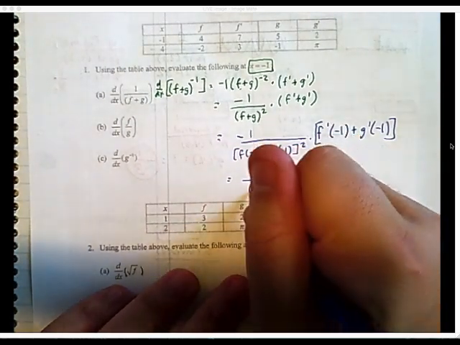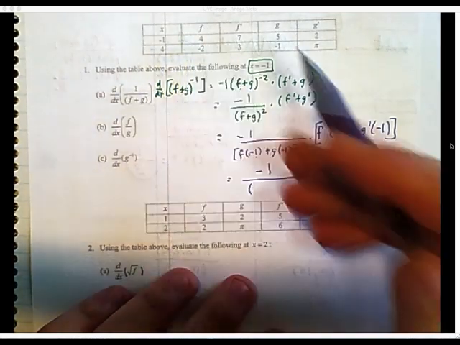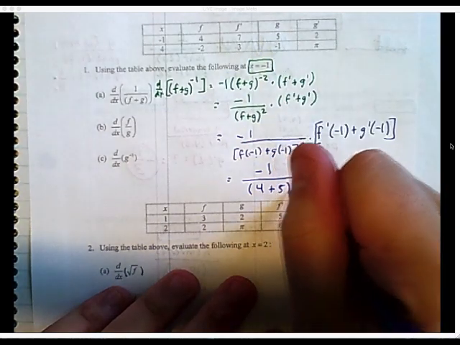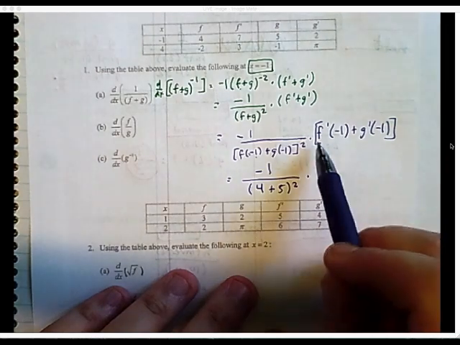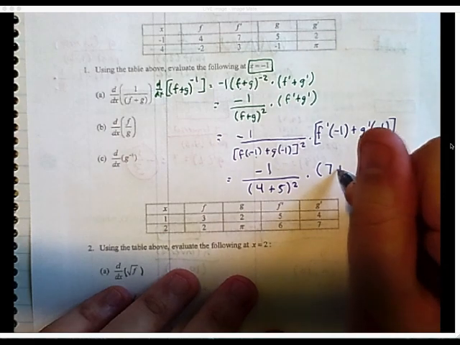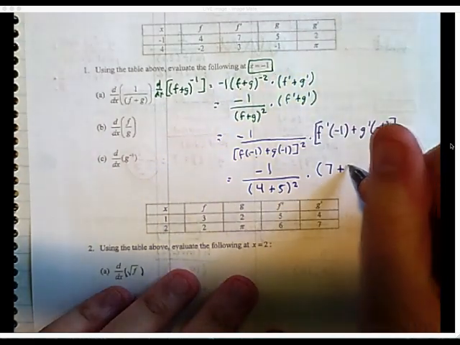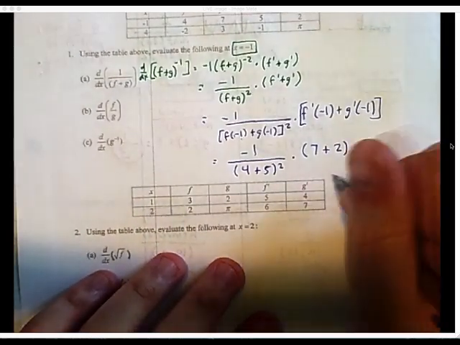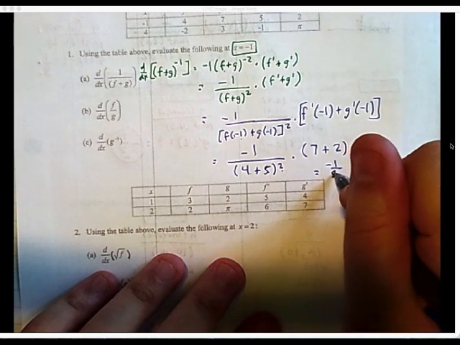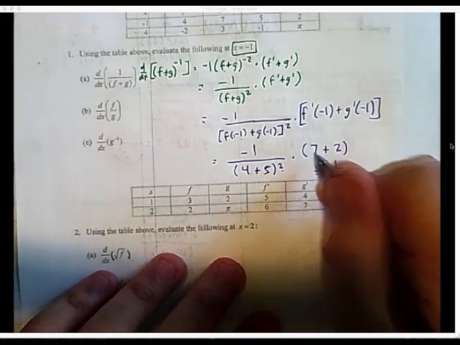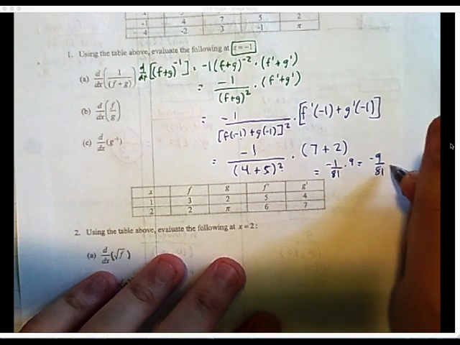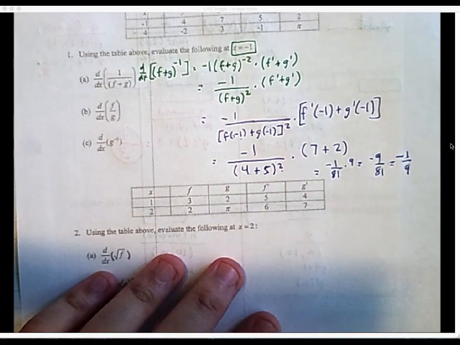So that's negative 1 over f of negative 1 is 4 plus g of negative 1 is 5, times f prime at negative 1 is 7 plus g prime at negative 1 is 2. So if we simplify, 4 plus 5 is 9, squared is 81, so that's negative 1 over 81. 7 plus 2 is simply 9, and then you can reduce that. That's negative 9 over 81, or you can say negative 1/9 if you simplify it.